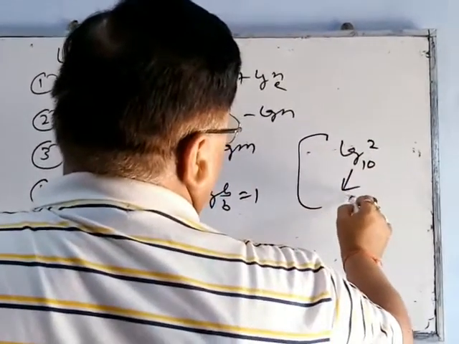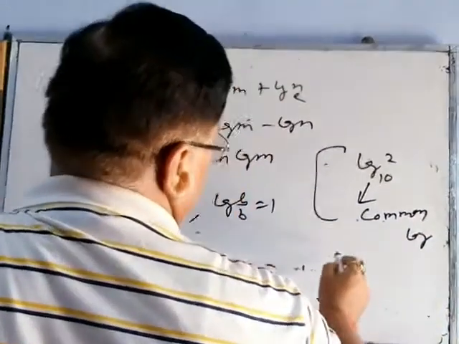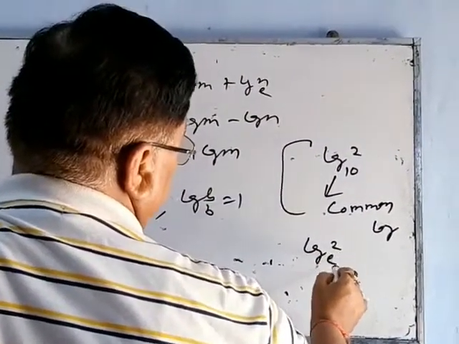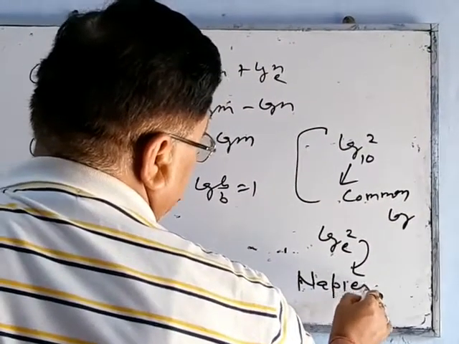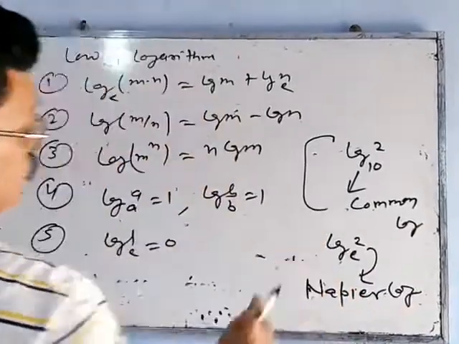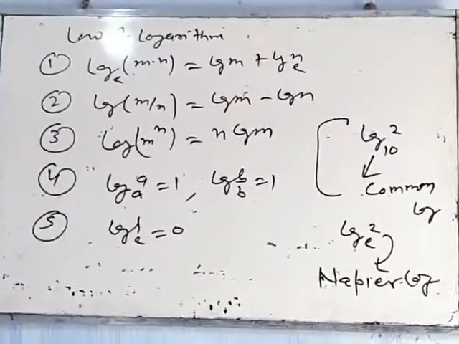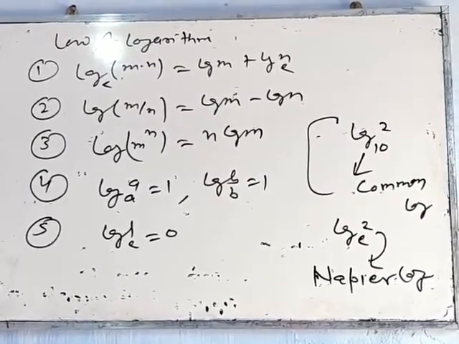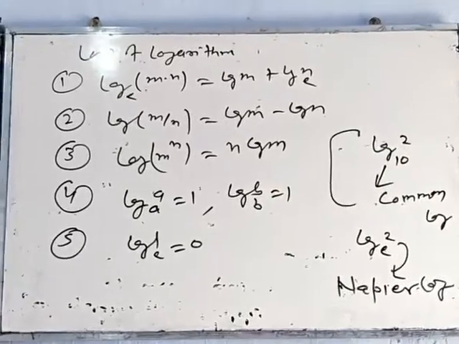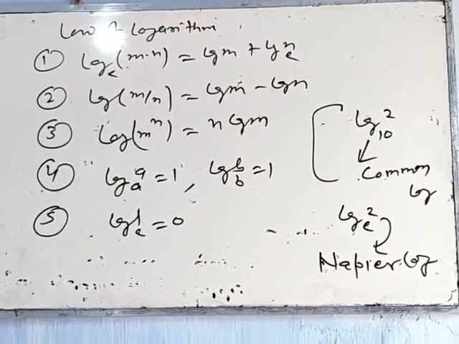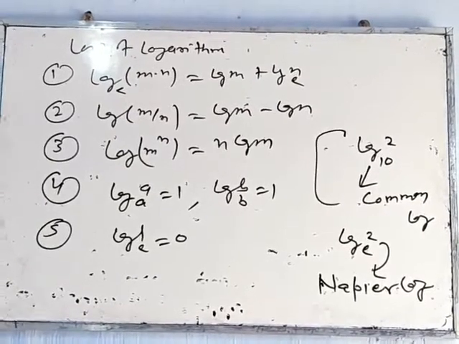This will come under common log. And log of 2 to the base e is Napier log. So this is the difference between common log and Napier log. Napier log is more authentic than common log. In physics and chemistry, we use Napier log because it gives good results, students.